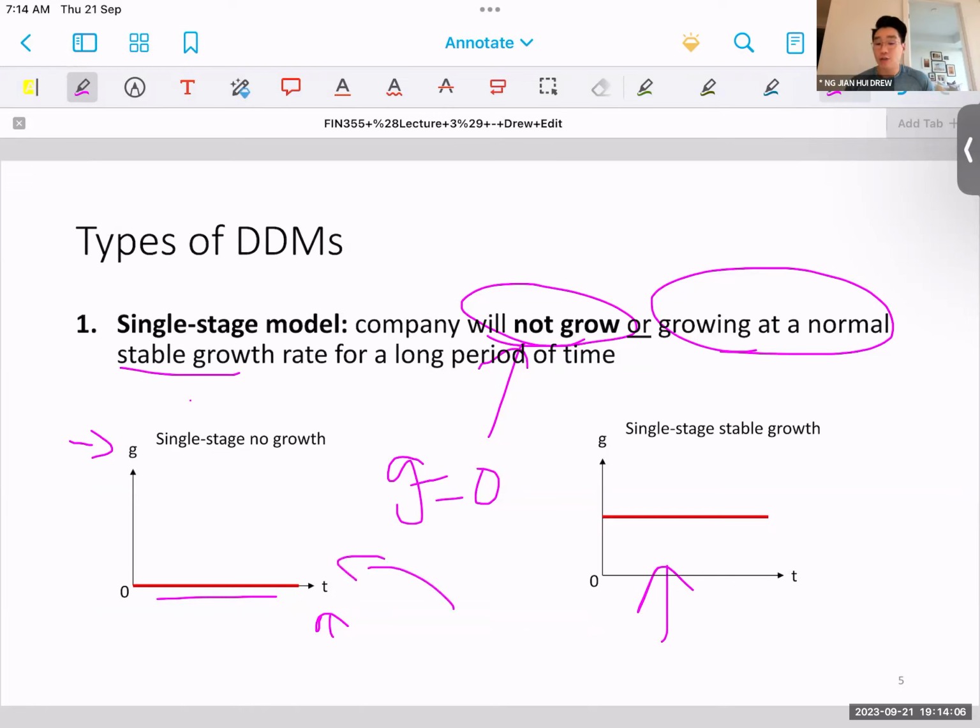For a no growth, what kind of formula will we use to do this calculation? Even before I talk about what formula, we kind of touched a bit on this. If there's no growth, what kind of formula should we use to calculate the valuation of this firm?